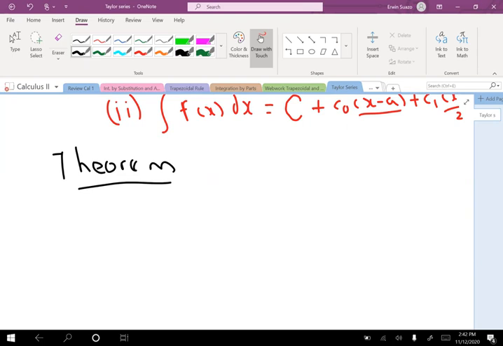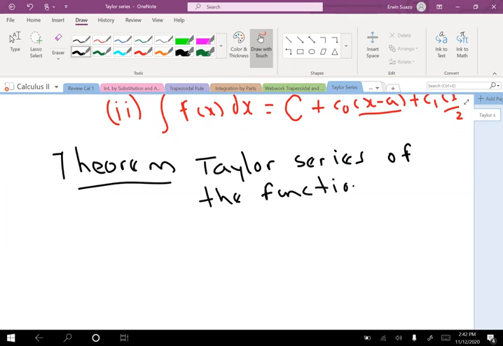You can call it the Taylor series of the function f at a.